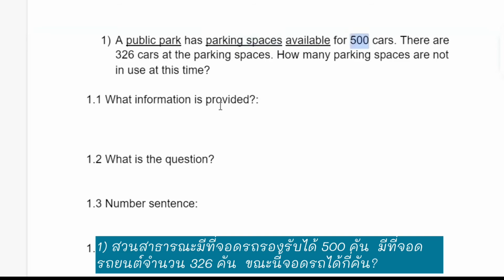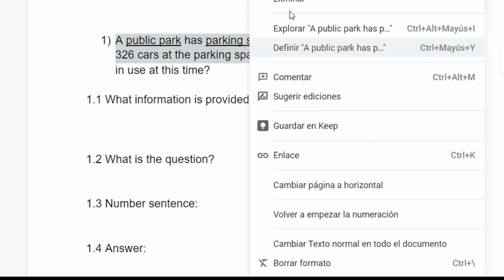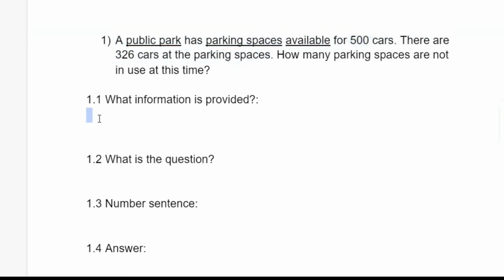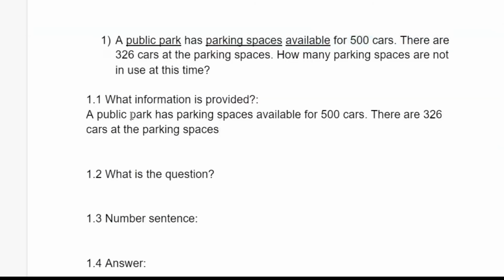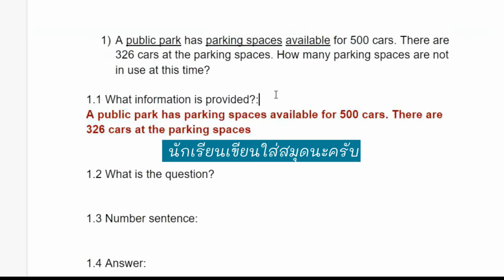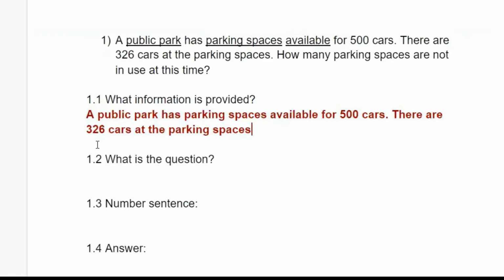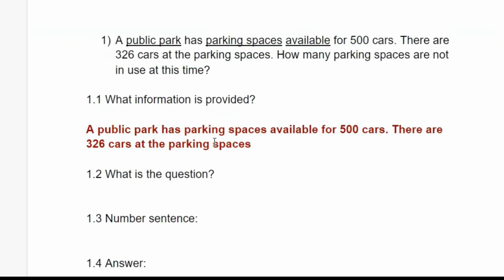Okay, so question number 1, how to answer this? About the information, you need to fill all this sentence here, and you have to write in your book. So I'm gonna put it in red. You have to answer that this is the information given.